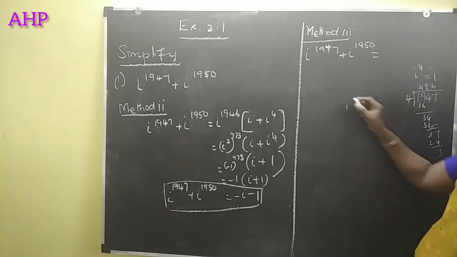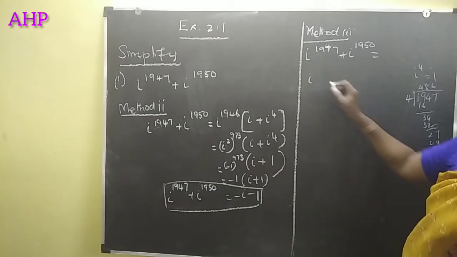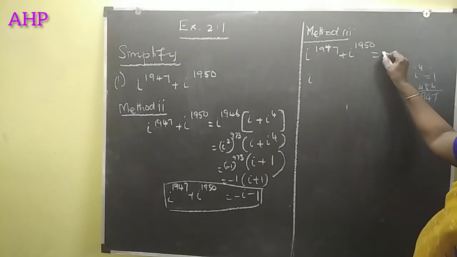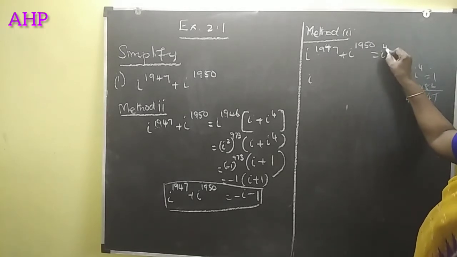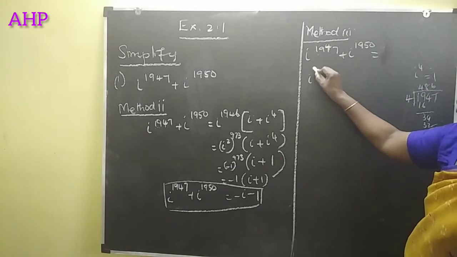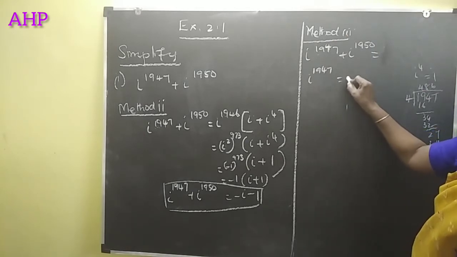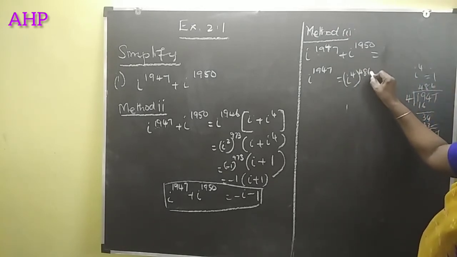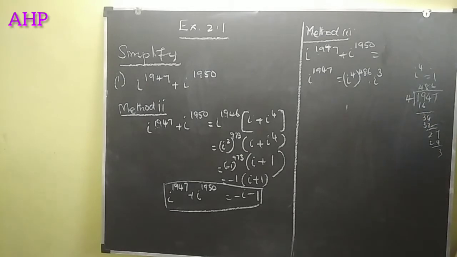So you get here the balance is i cube. This can be written as i^1947 equals (i^4) the whole power 486 into i^3. Multiply this: 24, 32 plus 2, 34, 16 plus 3, 19 plus 3 will give you 1947.